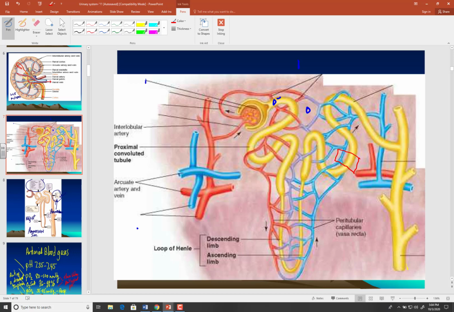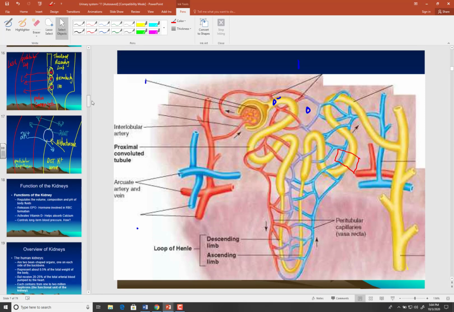So there's a network of capillaries parallel to the collecting tubules, and stuff from the blood will be excreted ultimately into the urine, or stuff from the urine will get reabsorbed back into the blood.